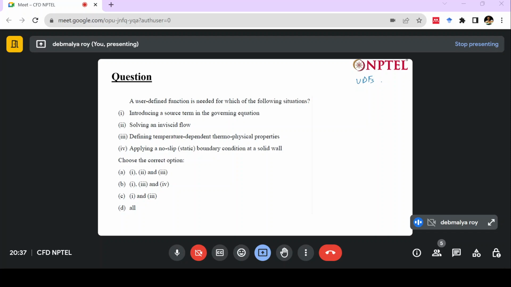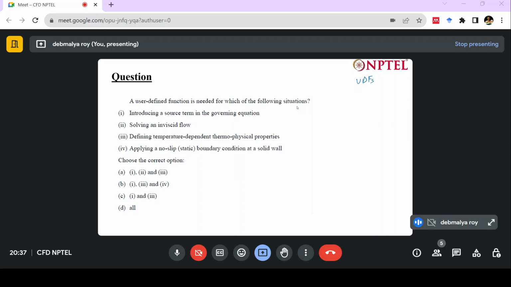These are basically like a script written in a C or C++ type that you can give to the solver, in addition to the things that it is already solving. So it is something extra that you also want to incorporate into your solution.